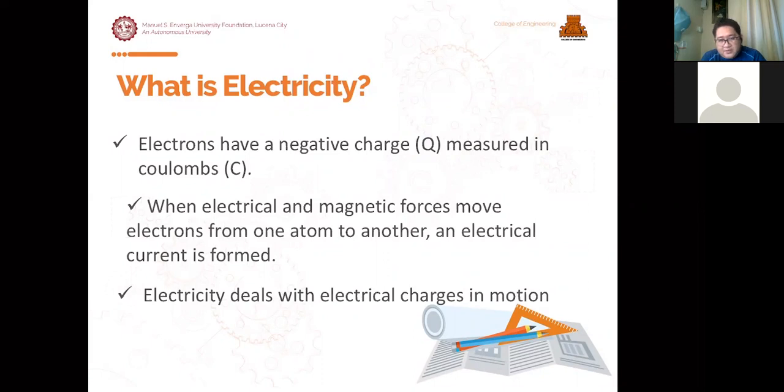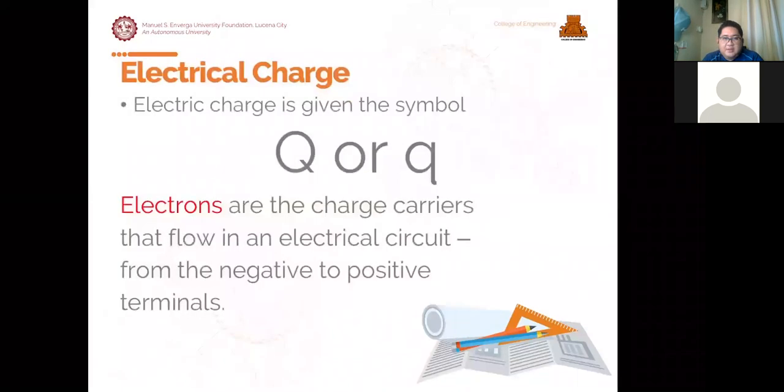Okay? So later, i-discuss natin kung ano yung relationship ng current sa charge and sa time. No? Okay? And then we have yung electrical charge. Nasa symbol na ginagamit, electric charge is given the symbol capital Q or small q, which is the same as yung sa notation natin sa heat, no?